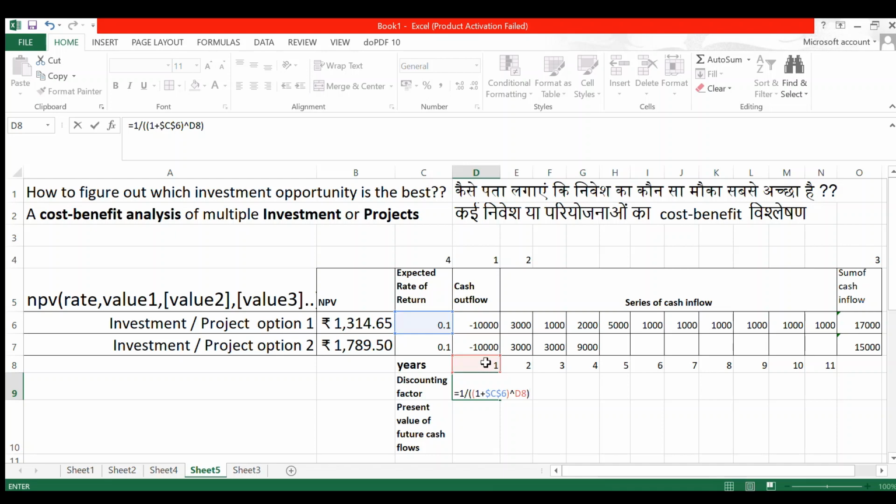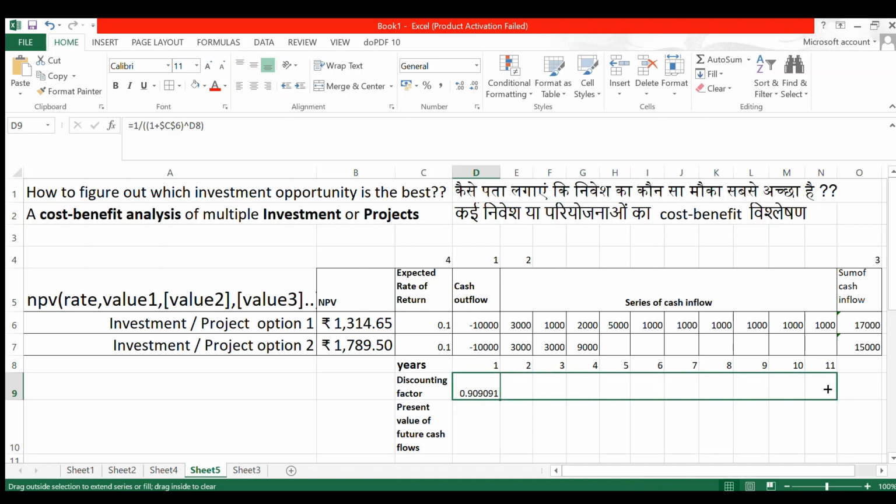I have given the equation for the discounting factor and I am pressing enter. This is the discounting factor for the first year, and I am copying the equation to the next years up to the 10th year.